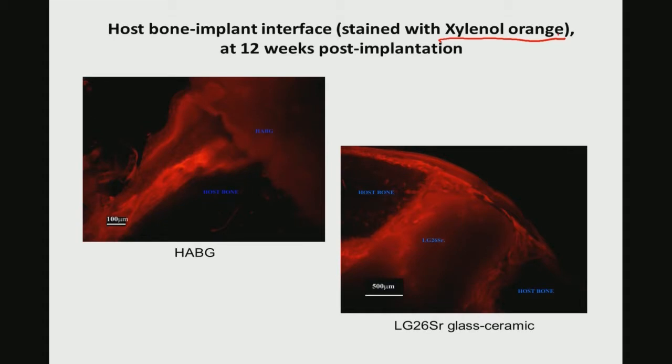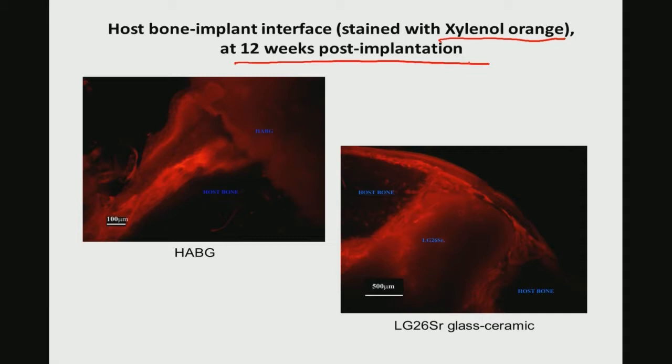Those stains diffuse to the implant and tissue interface and deposit there, and when you do fluorescence microscopy, it gives you a contrast characteristic of that particular staining agent.